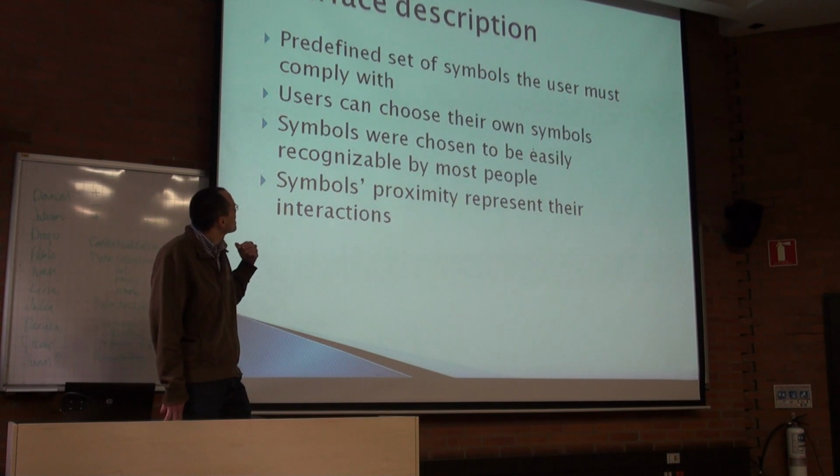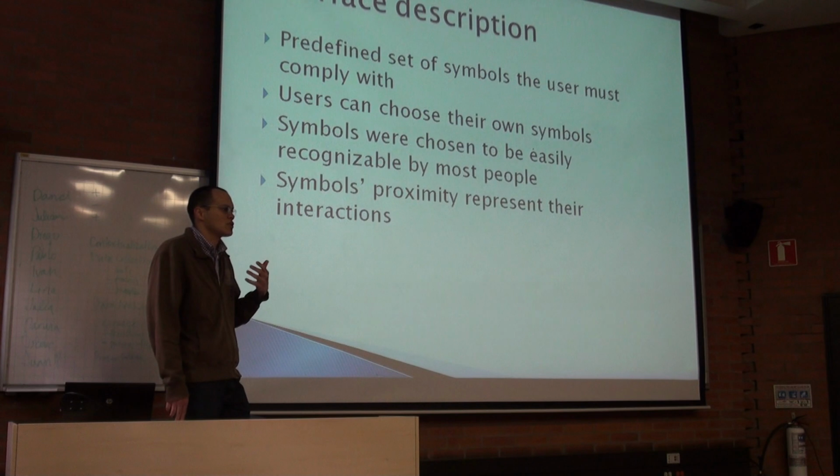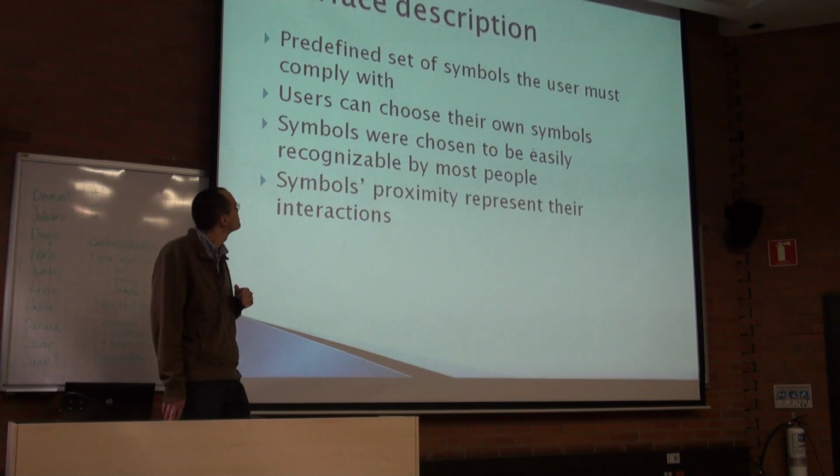Then we said, please show some symbols that are easy to differentiate from one another. Because we are going to take that image and use pattern recognition software, and if there are symbols that are similar, then we make mistakes.